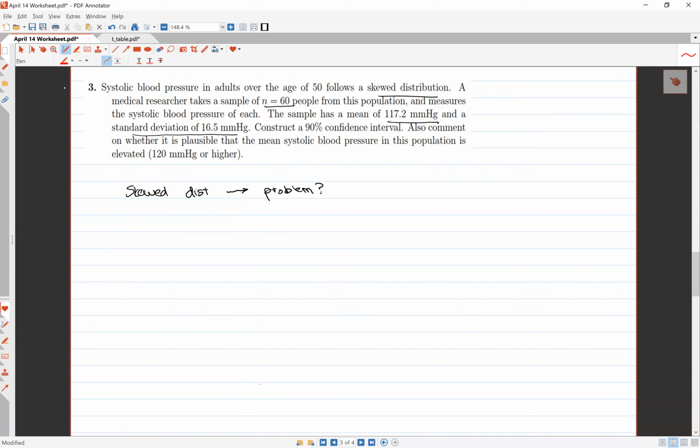So a skewed distribution is not close to normal. So that's a potential problem, but it's not as big of a concern because our sample size of 60 here is larger than 40.